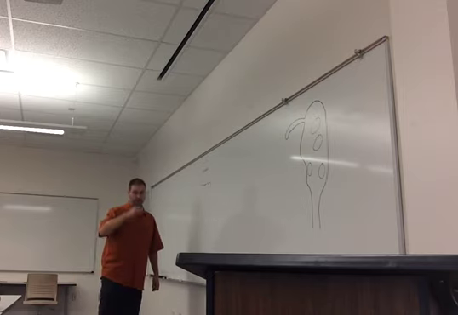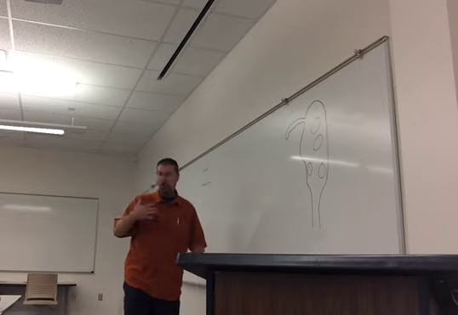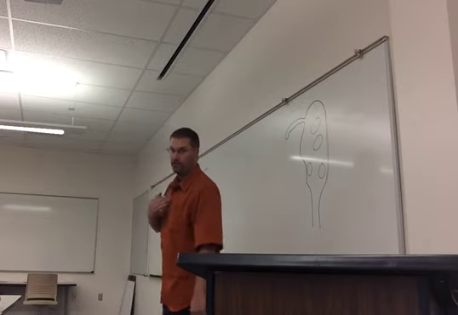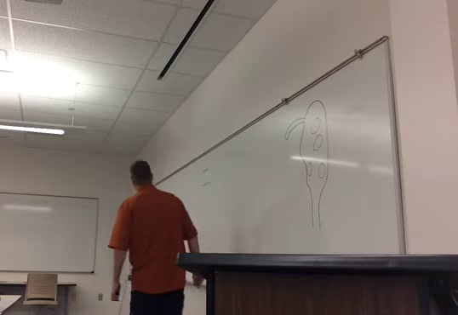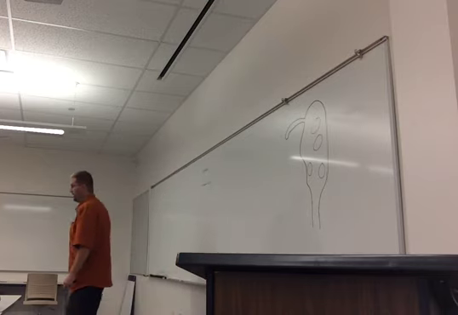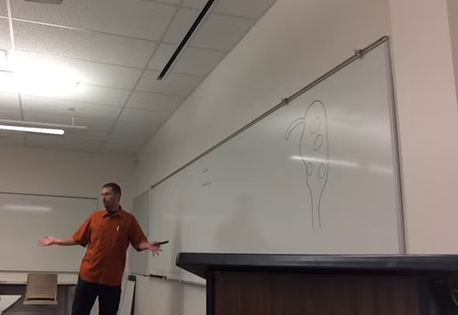From your nose down to your glottic aperture, that's all considered upper airway. And from your glottic aperture down to the peripheral parts of your airway is considered your lower airway. Is everybody cool with that?